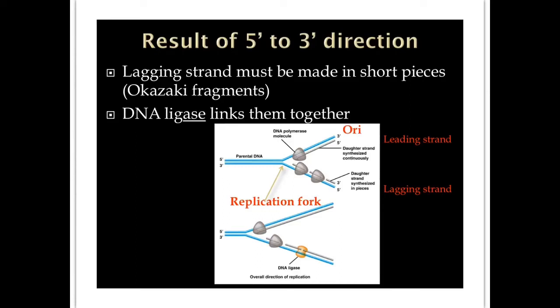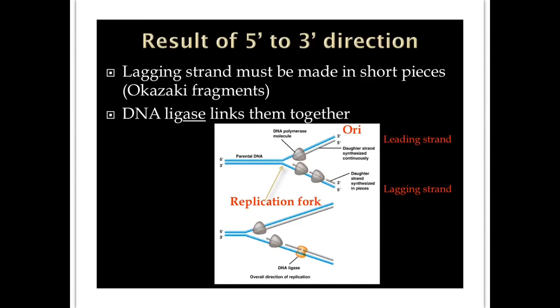Something strange happens as a result of this 5' to 3' direction, and again, it's because DNA polymerase can only add new nucleotides onto the 3' end. You get two different strands being made differently, so we can call one strand leading, one lagging. Let's see what's going on. Here I'm looking at a replication fork, which is really just one part of the replication bubble.